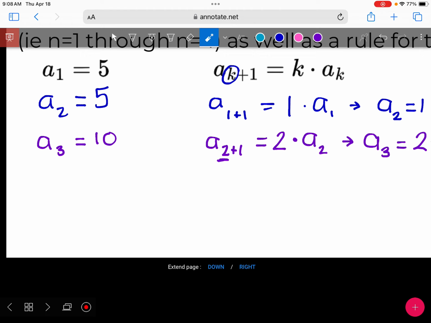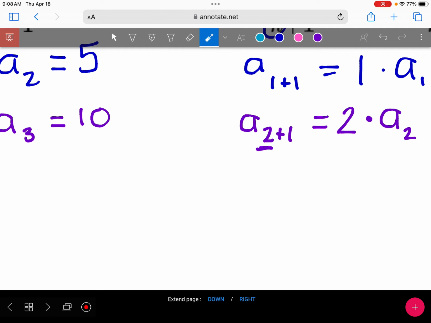I can't just say, all right, what is a sub 20? I don't have any way to know that because we need to know a sub 19 in order to get a sub 20. Like, I need to have the one before it in order to get one bigger. So in a recursive function, we have to have the previous number.